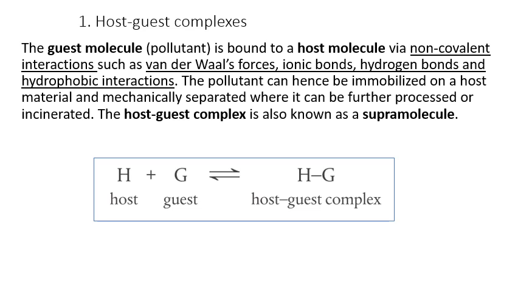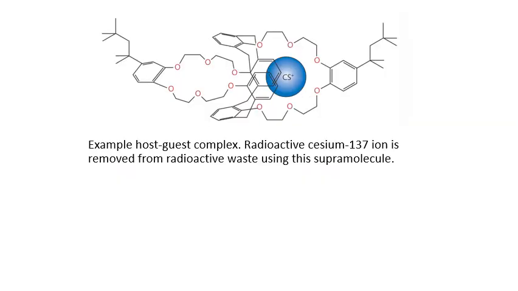For example, microporous solid materials such as zeolites, which are basically aluminosilicate minerals, immobilize pollutants on the surface of a host material, and then they can be taken away mechanically from the environment and incinerated or destroyed in some other fashion. So there's an example there.